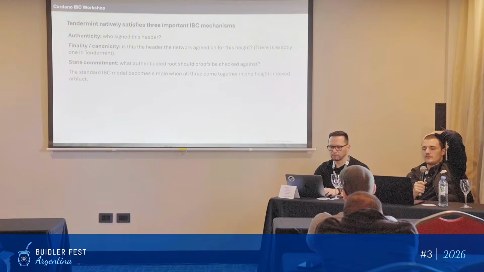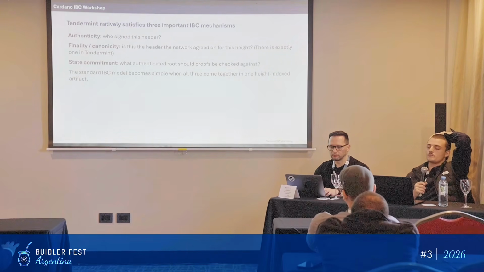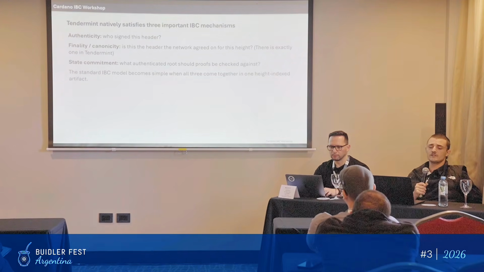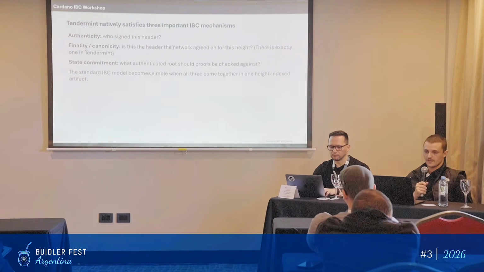Right, and what authenticated root should proofs be checked against? On Cosmos chains, this is pretty easy because you just have the app hash natively. It's baked into consensus that the validators are going to agree on what the last state was and what the current state change is. So that's very helpful.